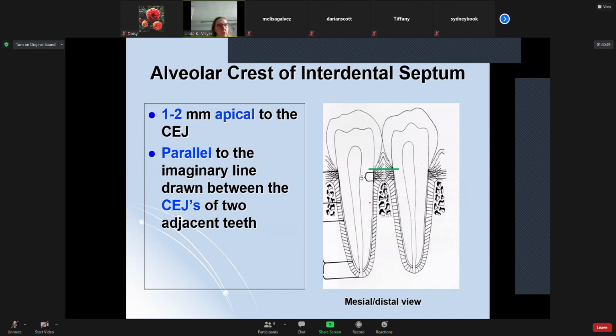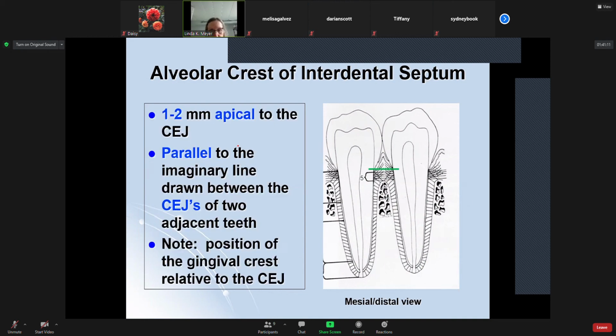If you go back to where you have the picture for the interdental septum, I want to point out some important concepts. On this diagram, in the interdental septum, just like everywhere, the alveolar crest is going to be 1 to 2 millimeters apical to the CEJ.